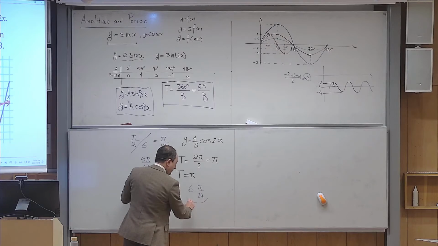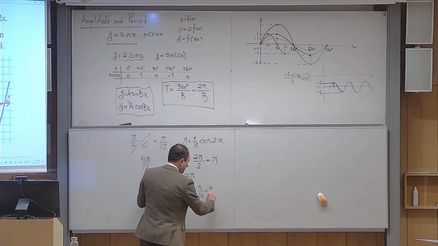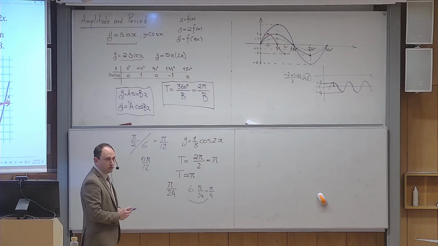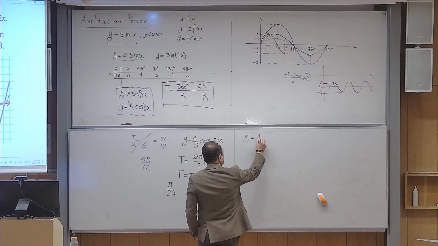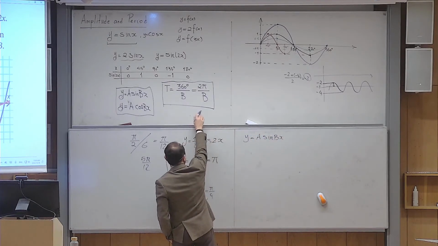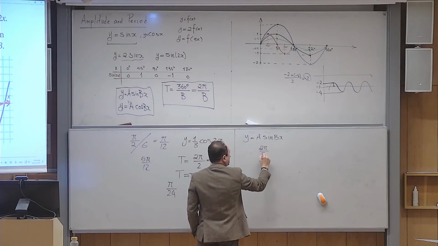This is the period of the blue curve, which is equal to what? Pi over 4. Yes? This is the period of the blue curve. But the book has mentioned that the blue curve is this. We know the period of the blue curve should follow this rule as well. So it is 2 pi over b.